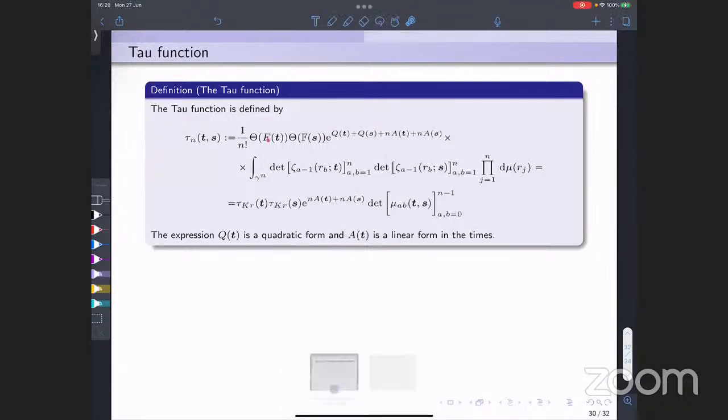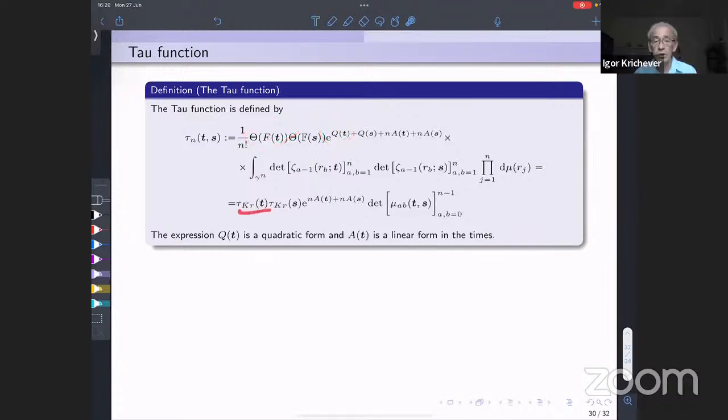You mean this one, right? So with the quadratic expression times the theta function? No, theta function, and this formula included n as one of the time variables. Okay. I probably missed that. Okay.